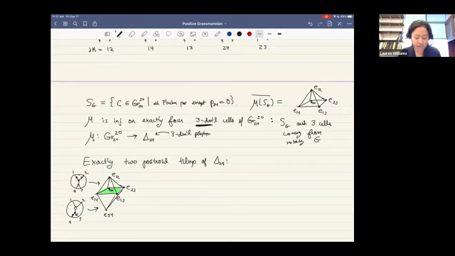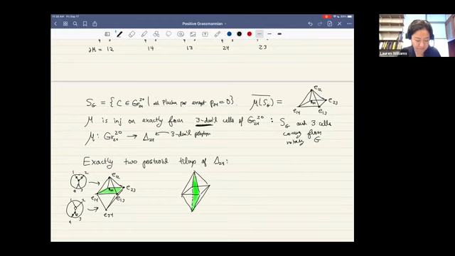So this is one of the two positroid tilings, and the other one is obtained from my other two positroid tiles, and they cut up the space like this.